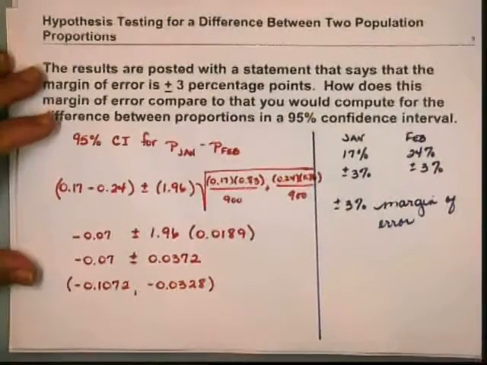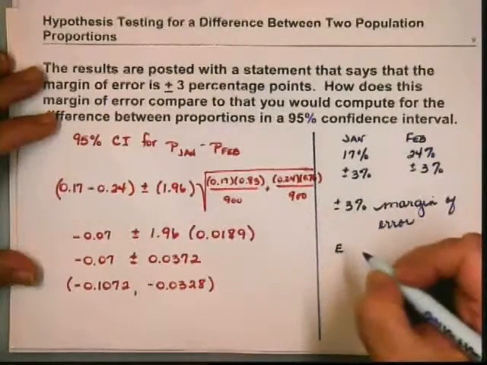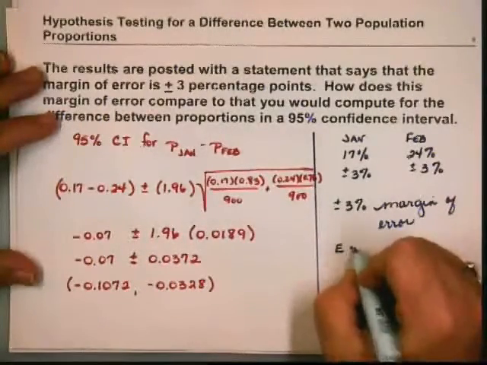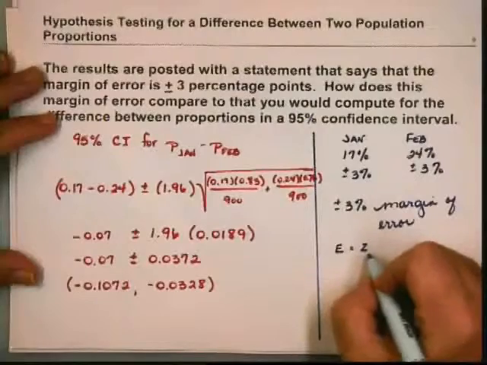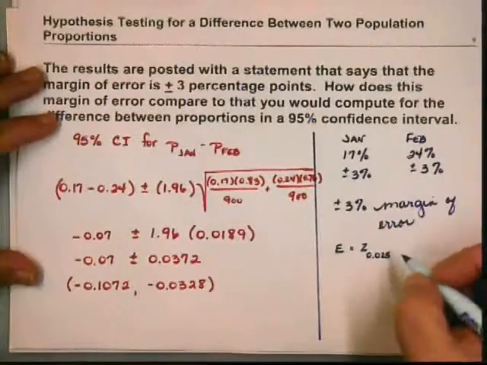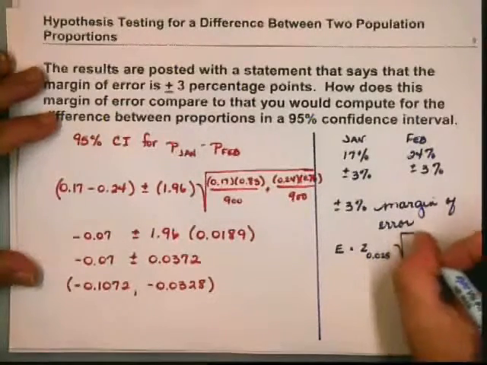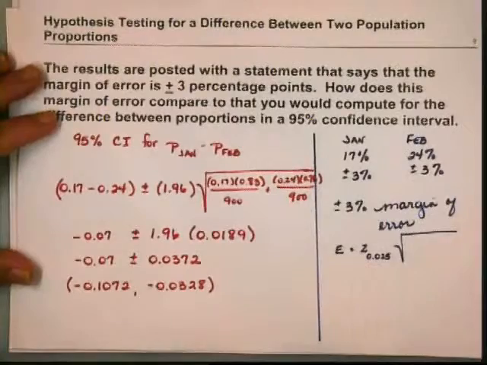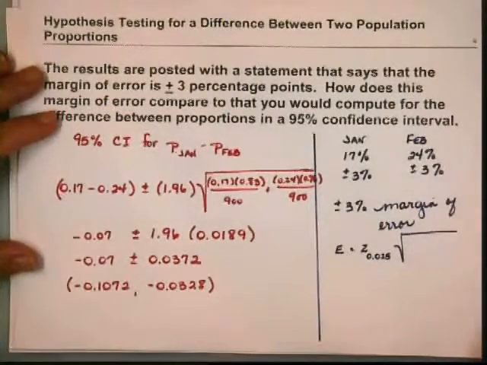That's that capital E that we calculated in the sample size determination formulas. So if we write that as our z with 0.025, there is a confidence statement on several of those news stories. I'll see if I can find one for you. Which one do we want to do here? 17% or 24%?